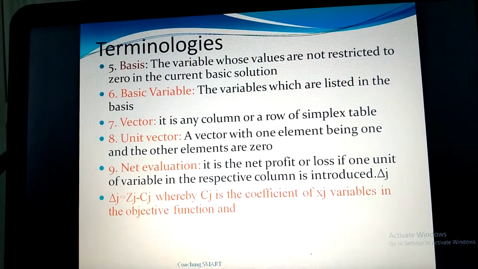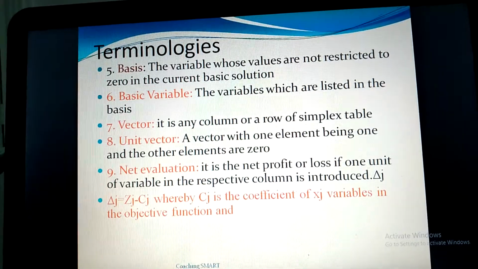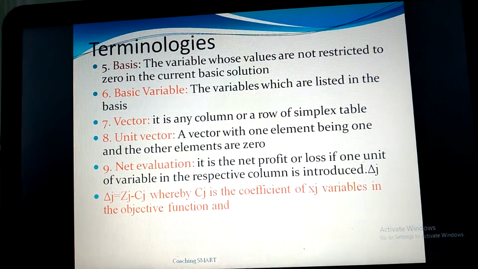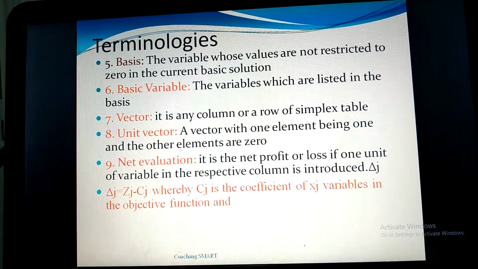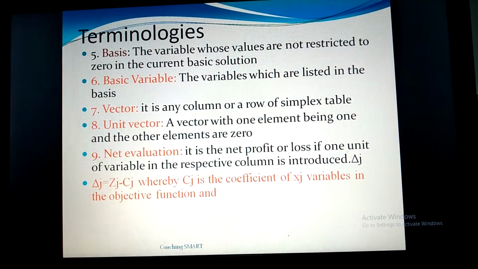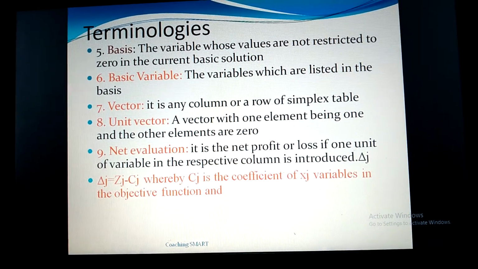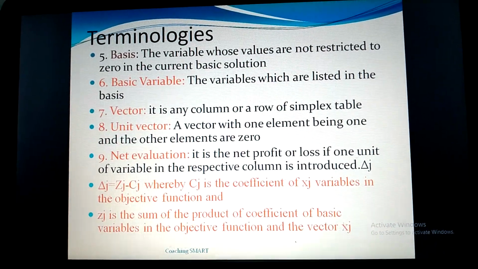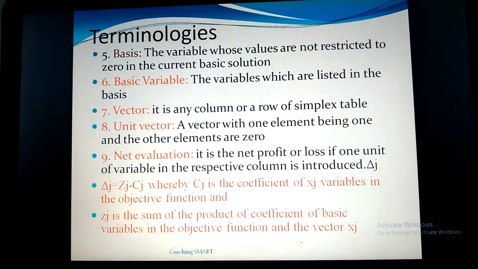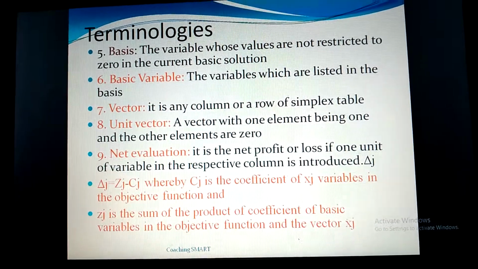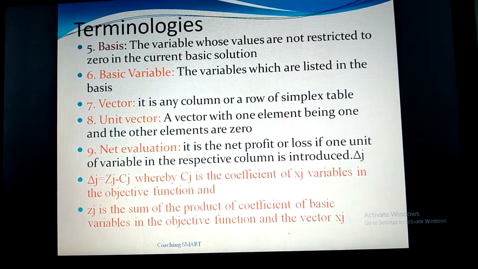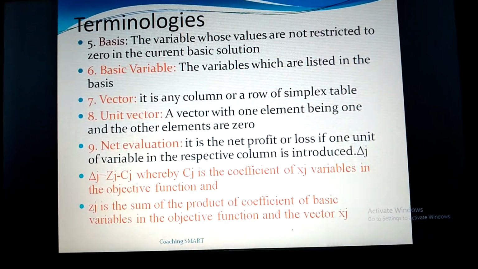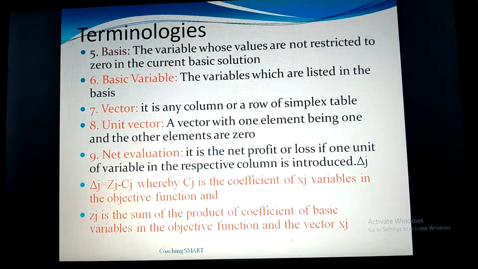So the formula is change in J equals Cj minus Zj, where Cj is the coefficient of the xj variable in the objective function, and Zj is the sum of the product of the coefficients of the basis variables in the objective function and the vector xj.